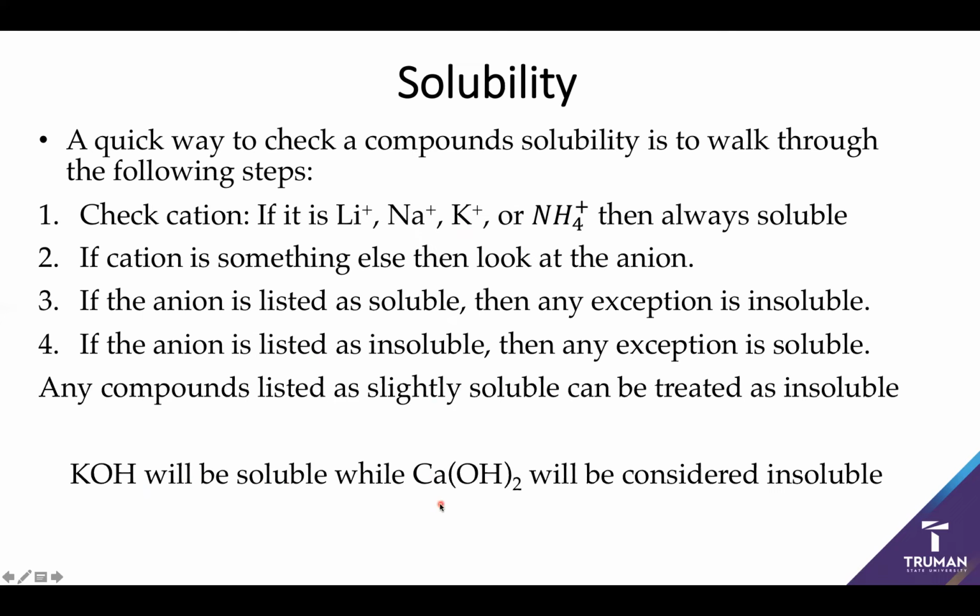Calcium hydroxide is listed as slightly soluble, which means, in general, expect it to be insoluble, which isn't too surprising because it turns out calcium hydroxide is slightly present in a lot of lime scale. So if you see white powder on the edge of your pipes, most of it's calcium carbonate, again a notable ion on our list, but some of it is the hydroxides.